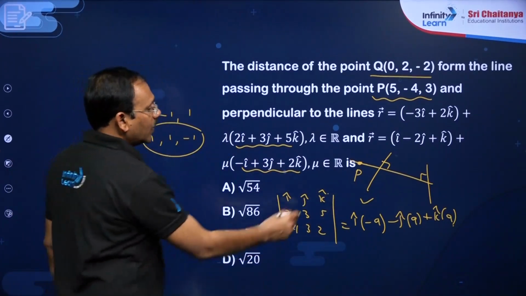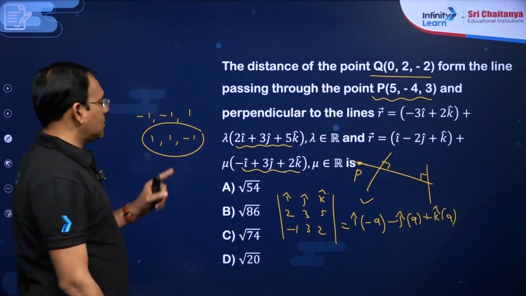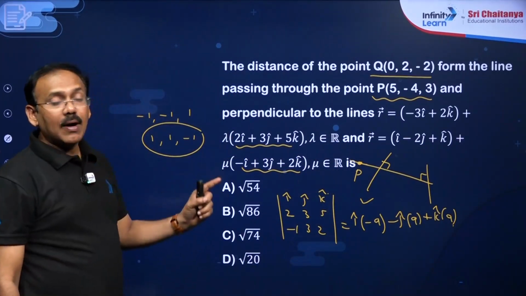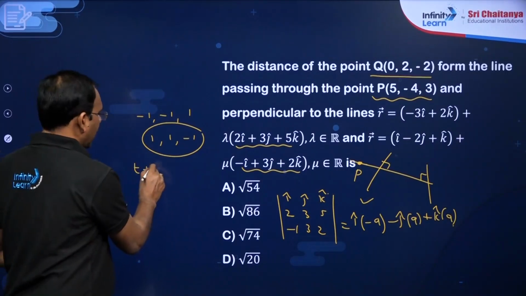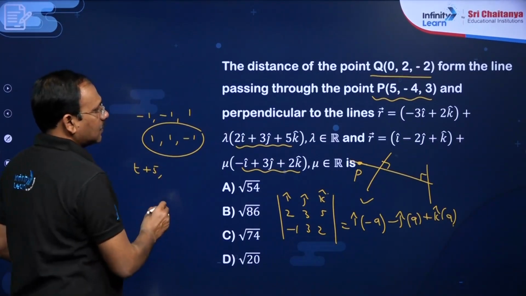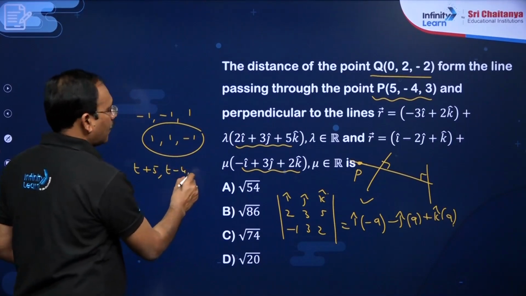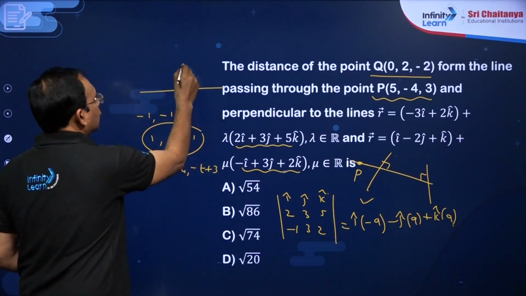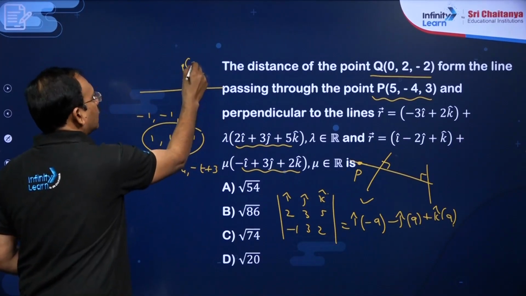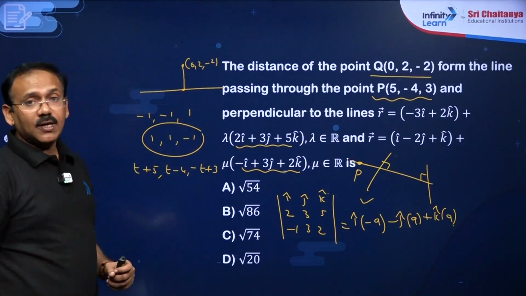Now, already you know a point P on it. How to take the general point? The point is known, the DRs are known, a bar plus t b bar. You can write this as t plus 5, next t minus 4, and this is minus t plus 3. This is the general point on the line. So you want the perpendicular distance from 0, minus 2 to this line. How to find the perpendicular distance, my dear friends?